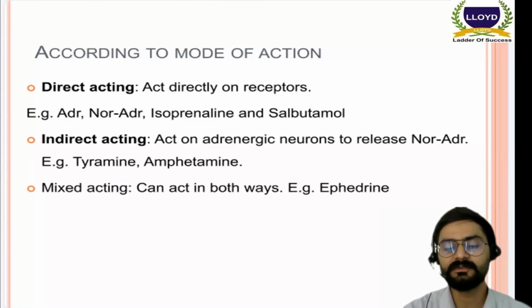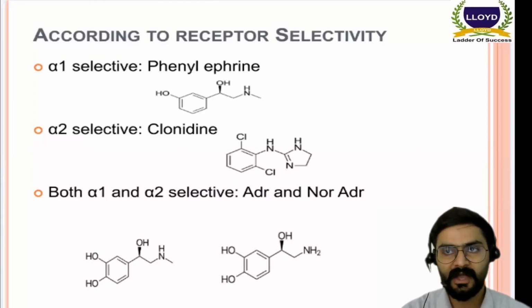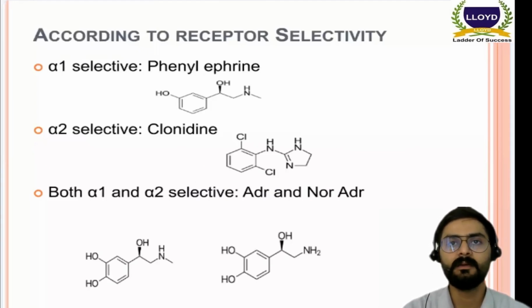Based on the receptor selectivity, these drugs are divided into alpha 1 agonist, alpha 2 agonist, beta 1 agonist, beta 2 agonist, and beta 3 agonist. Alpha 1 agonists mainly function as vasoconstrictors, example is phenylephrine. Alpha 2 agonists reduce sympathetic outflow, example is clonidine.